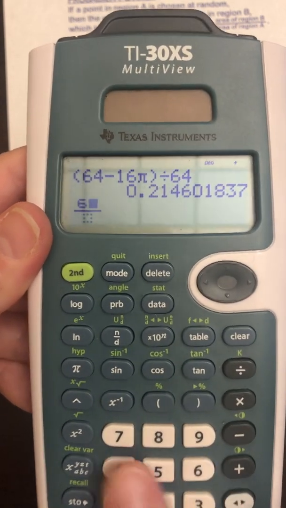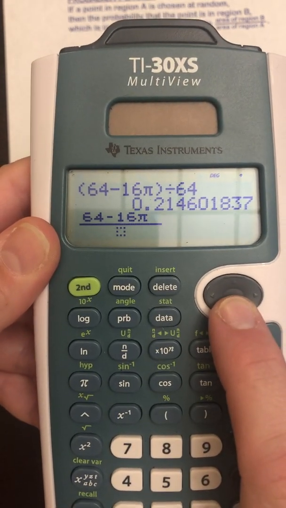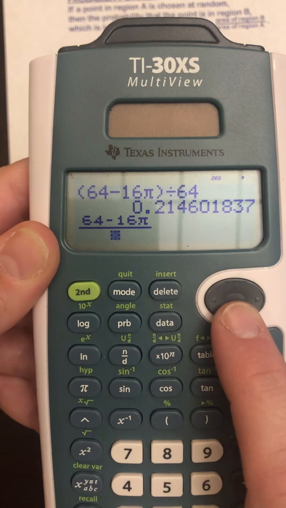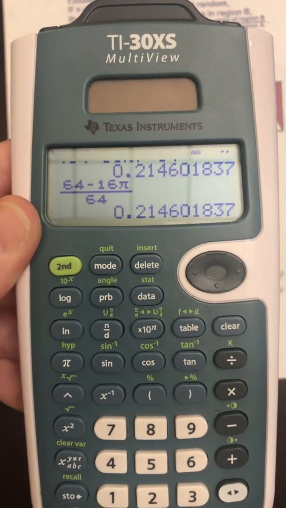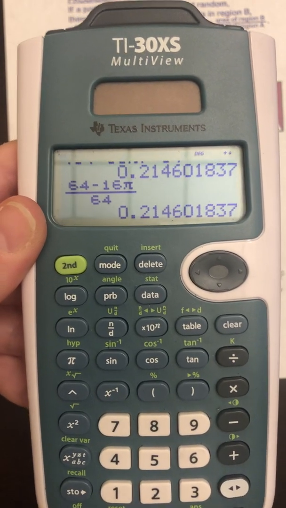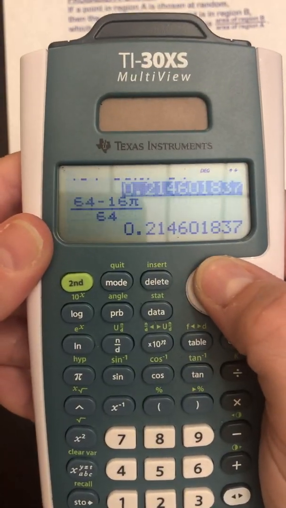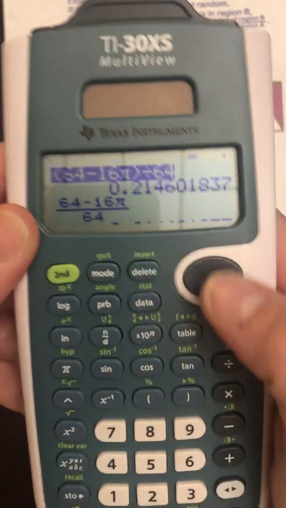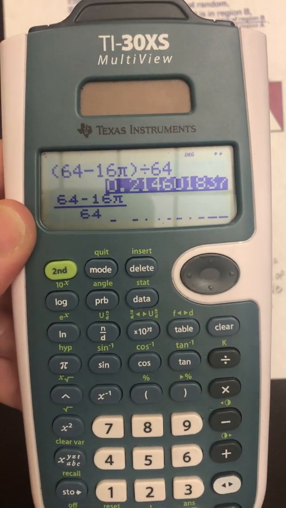So I would just type in 64 minus 16 pi, then use my arrow button to make my blinking cursor go down to the bottom, and that's where I would type in a 64. So if you decide to use the Math Print, which is wonderful, then you don't have to worry about putting parentheses in there. But just as a reminder, if you have it just like I have it right here and you don't put parentheses in there, you would get the wrong answer.